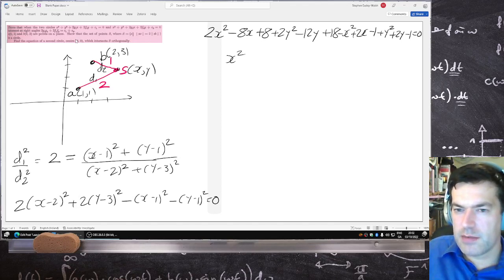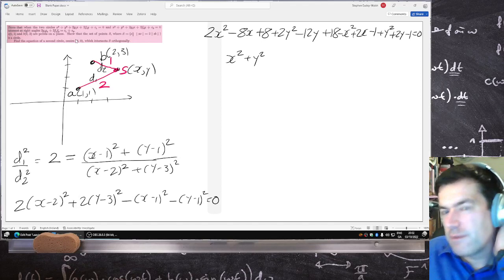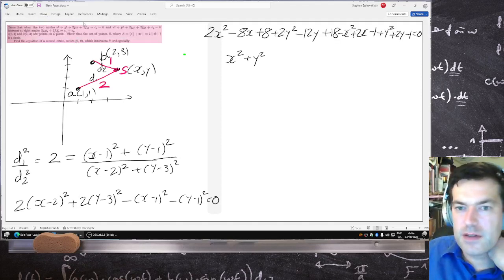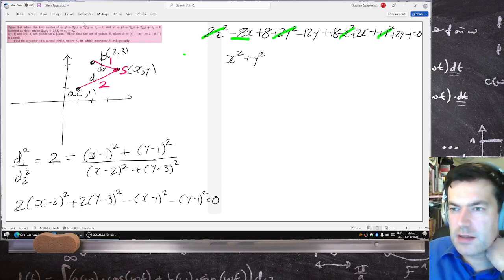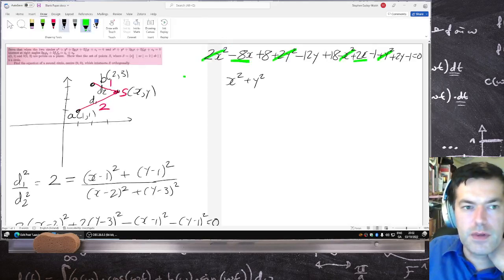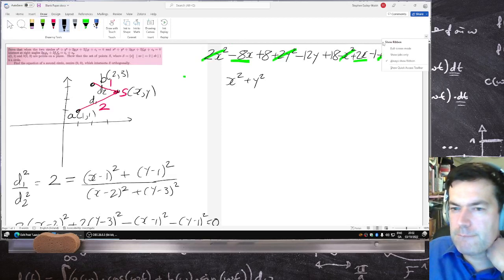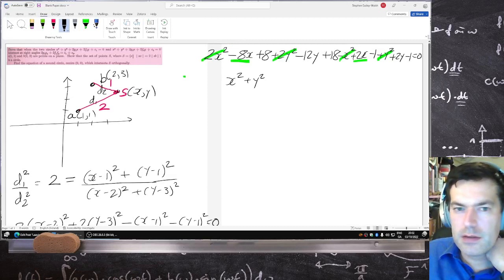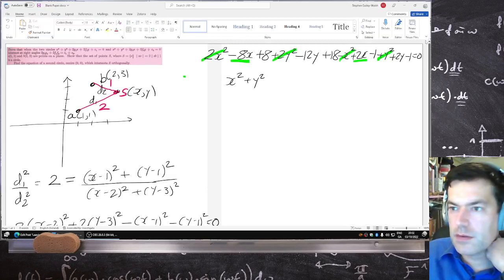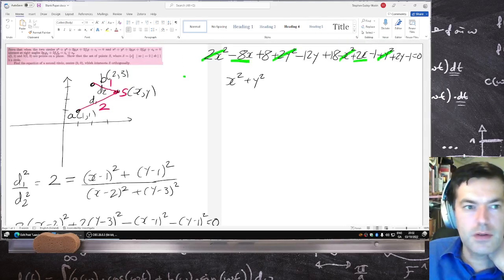So that's x squared plus y squared. Let's keep track of this. x squared and then y squared, and then we have minus 8x plus 2x. So that's, whoops, I want to shrink. Why won't it shrink?